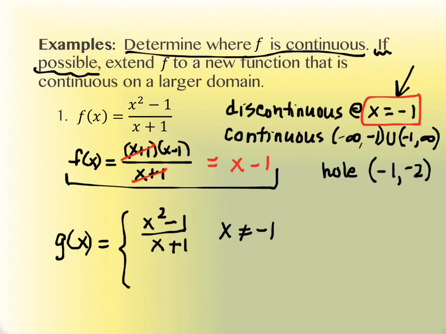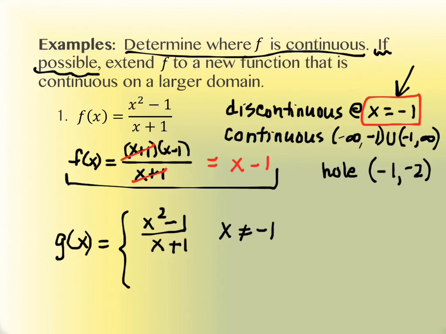How'd you get negative 2, Zach? Into this red one, right? All right, so this is what it reduces to. So there's a hole in the graph when x is equal to negative 1. The corresponding y value is what this would have reduced to, where that hole is missing from that line. And so if I put in negative 1 here, I get negative 2. So the hole in the graph is actually at negative 1, negative 2.